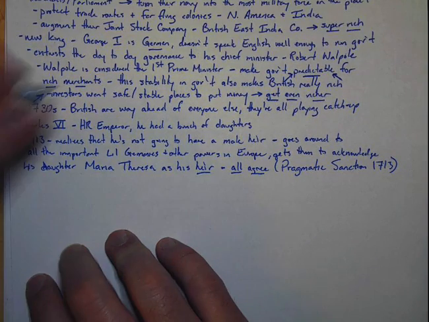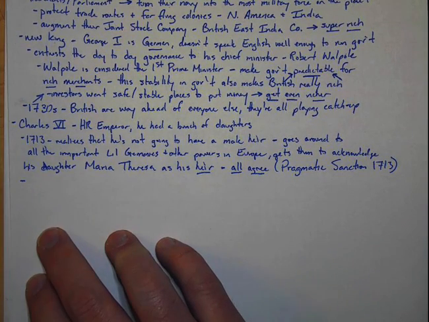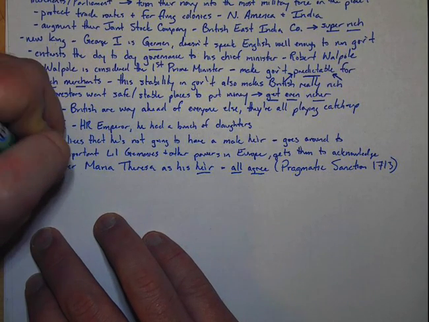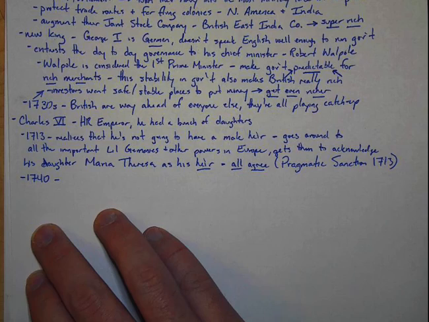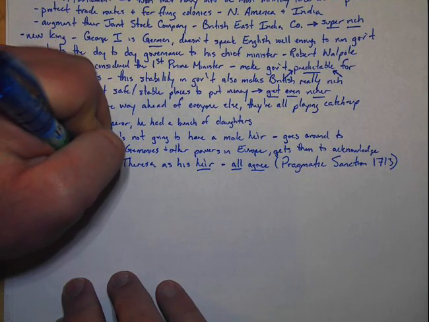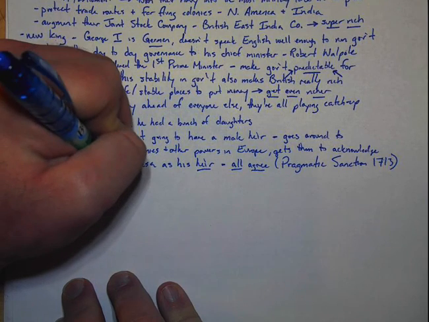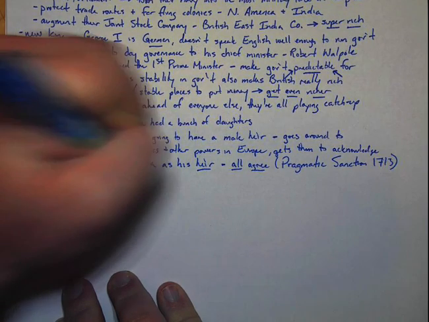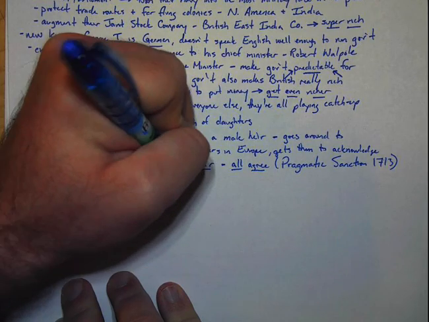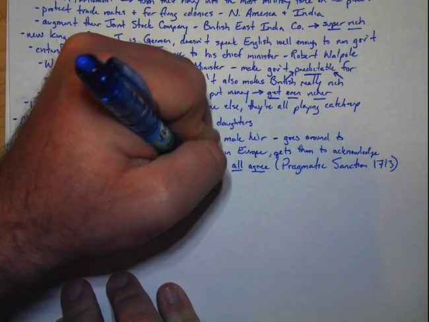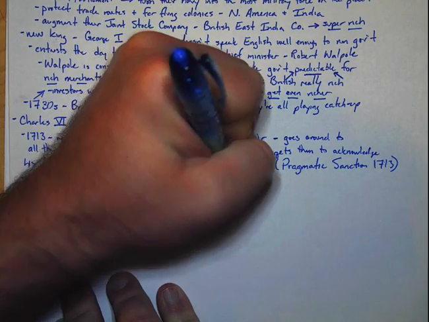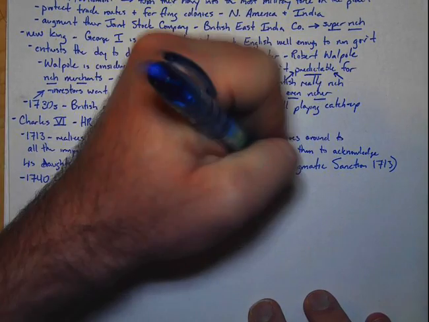So the two deaths that happen within months of each other happen in 1740. In 1740, Charles VI dies. And Frederick William I dies, whose death gives us Frederick the Great.